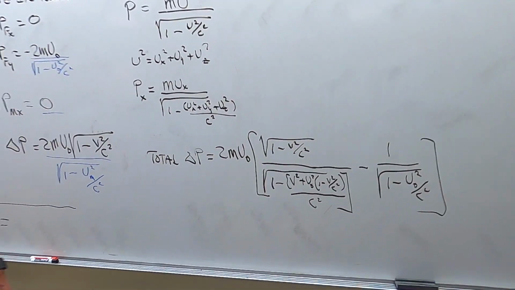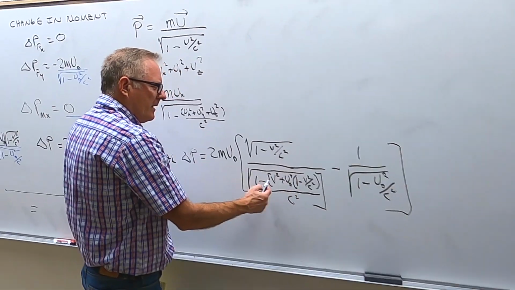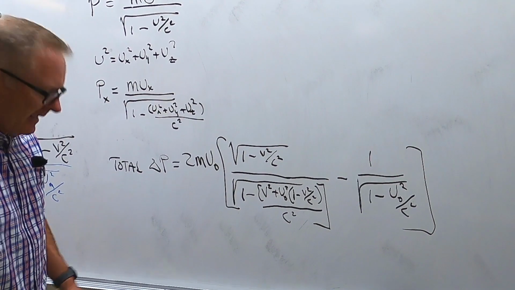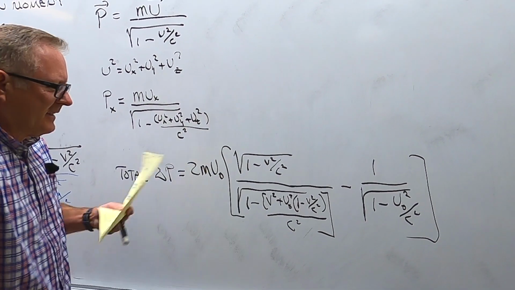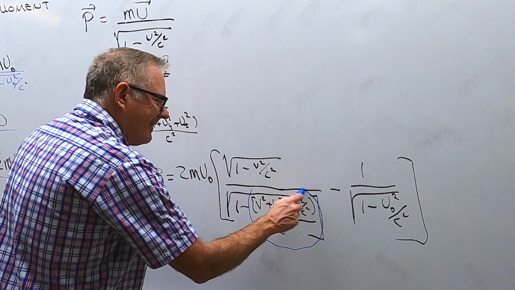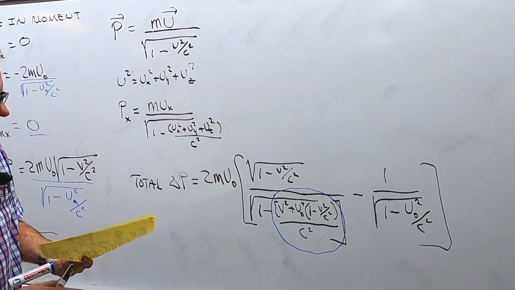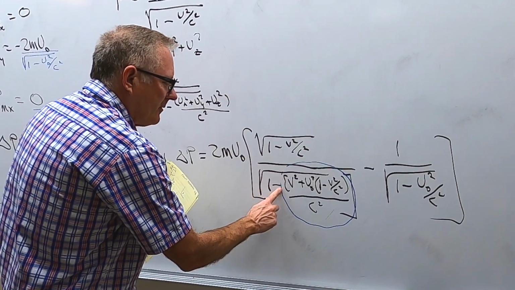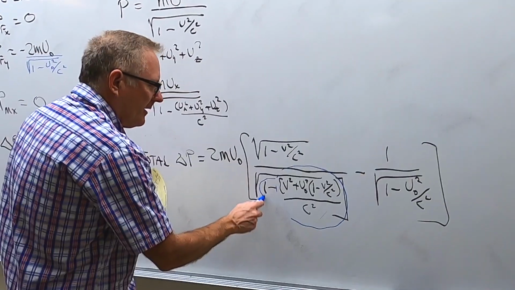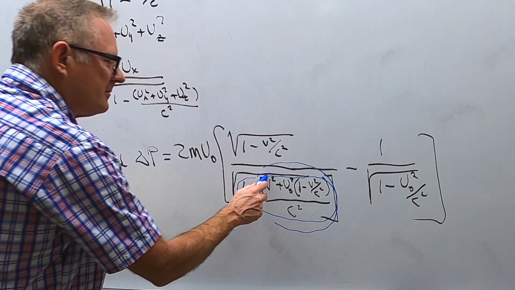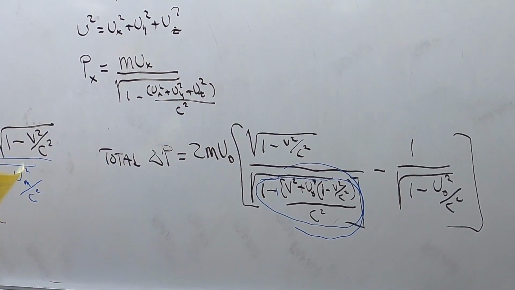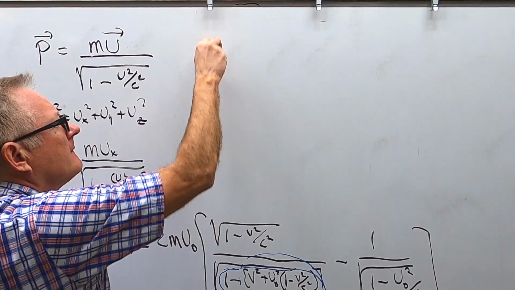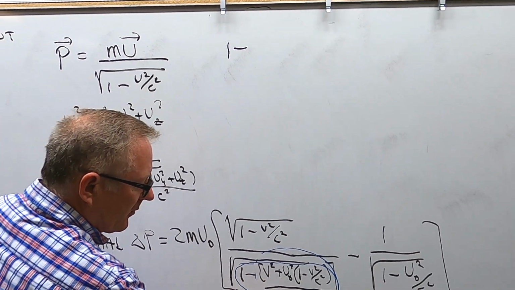Okay, now we should be able to see, I'm going to take this term right there and bring it out. I think I can simplify this thing right there. Actually, I'm even going to take out the 1 too. We're going to take out everything inside that square root and just work on that for a second. What do we get? We get 1 minus v squared over c squared.